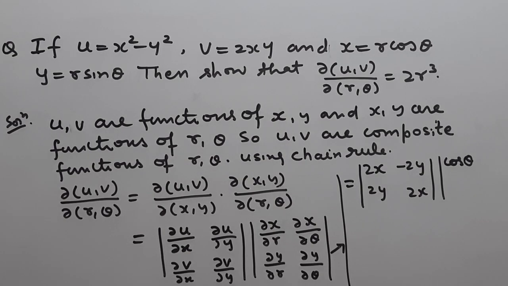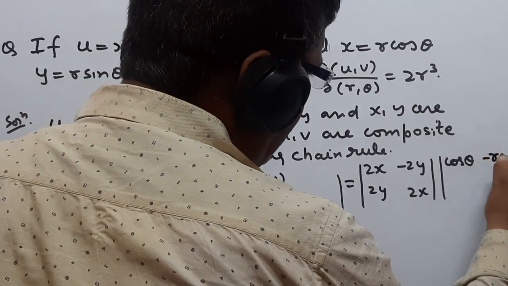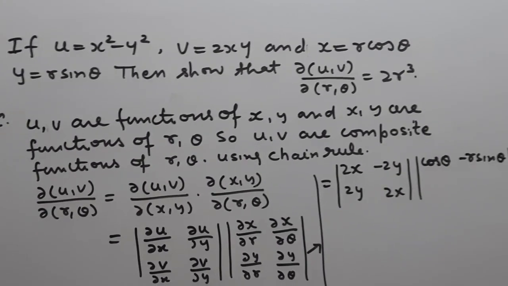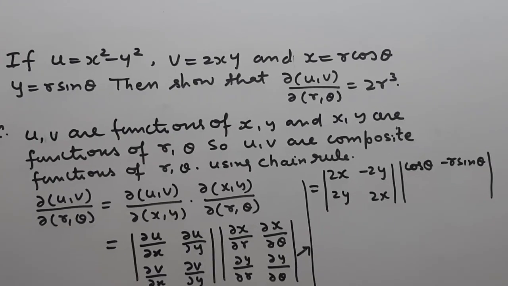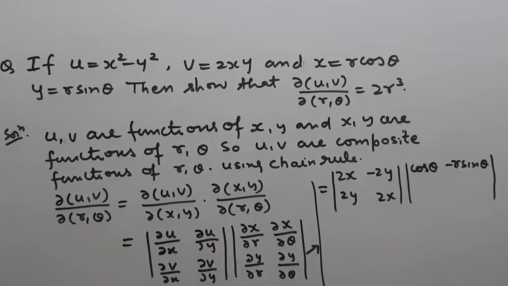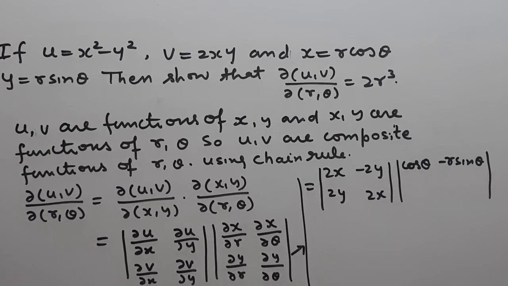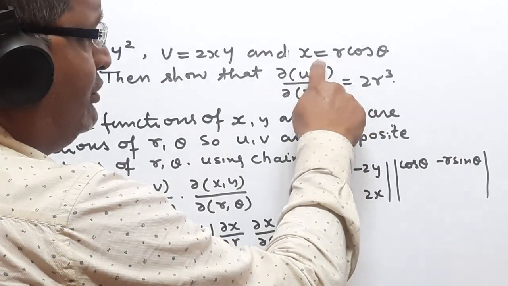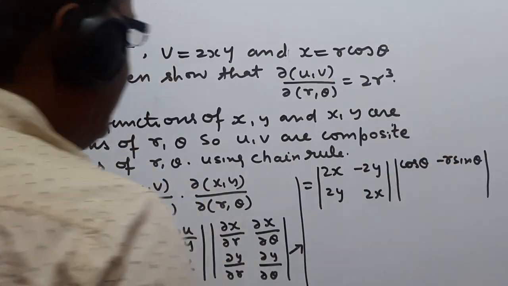Now we differentiate x partially with respect to theta, we get minus r sin theta, because r is constant here and differentiation of cos theta is minus sin theta.